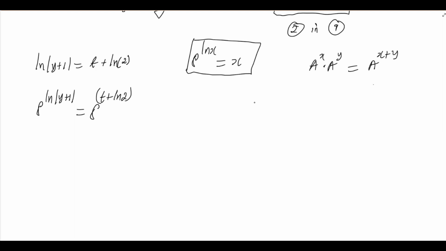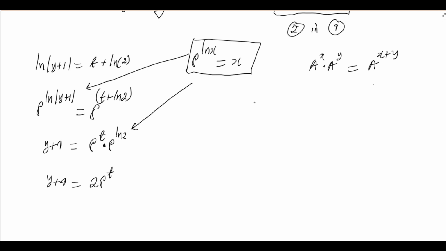So we already saw from here, right? This will simply give us y plus 1. That's our answer for the left hand side. And this, we can write as e to the power t multiplied by e to the power ln of 2. Again, applying this, we notice that this is going to be 2. So y plus 1 will simply be 2 e to the power t.